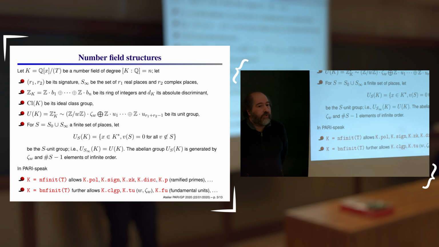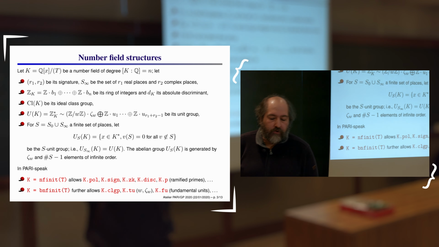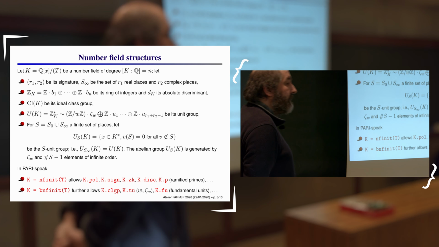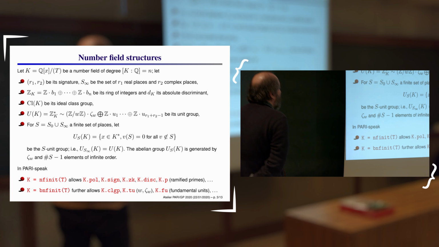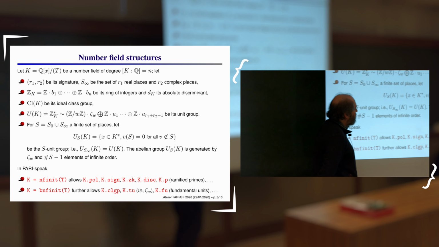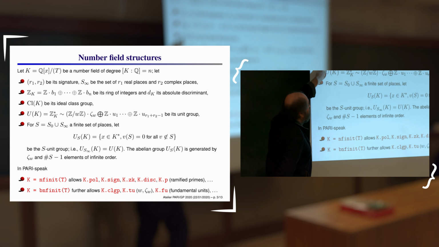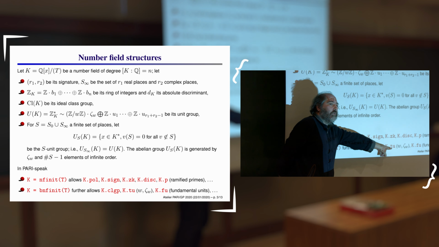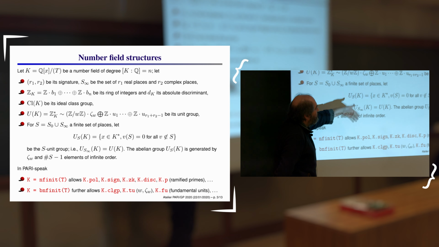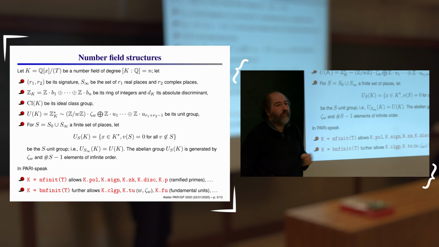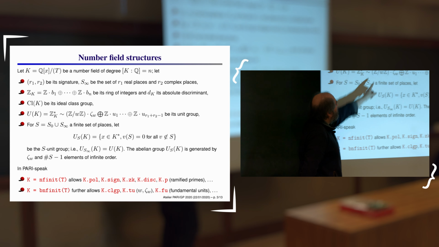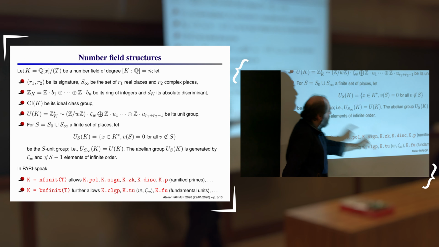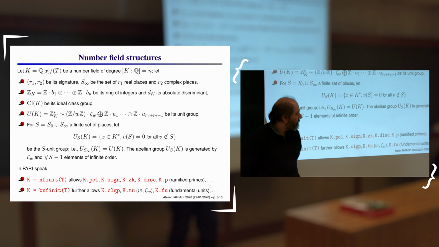The second one, which is conceptually a superset of the first one, BNF init, asks for the more complicated arithmetic invariants. In particular, the class group, clgp, the torsion unit, which is not very complicated but belongs together with the units, so w and zeta w, and the fundamental units.